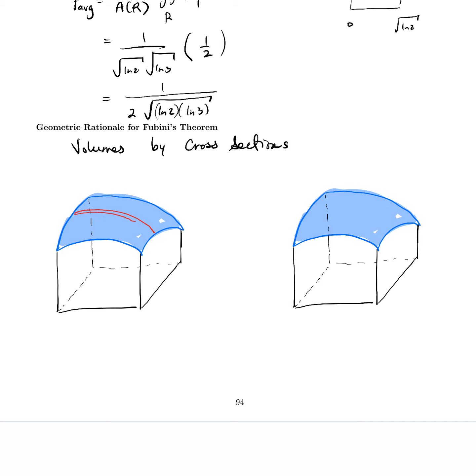We're imagining taking a little cross-section and filling out the area of that cross-section like it was the area under a curve. And that area under a curve, let's shade that in a little bit too.